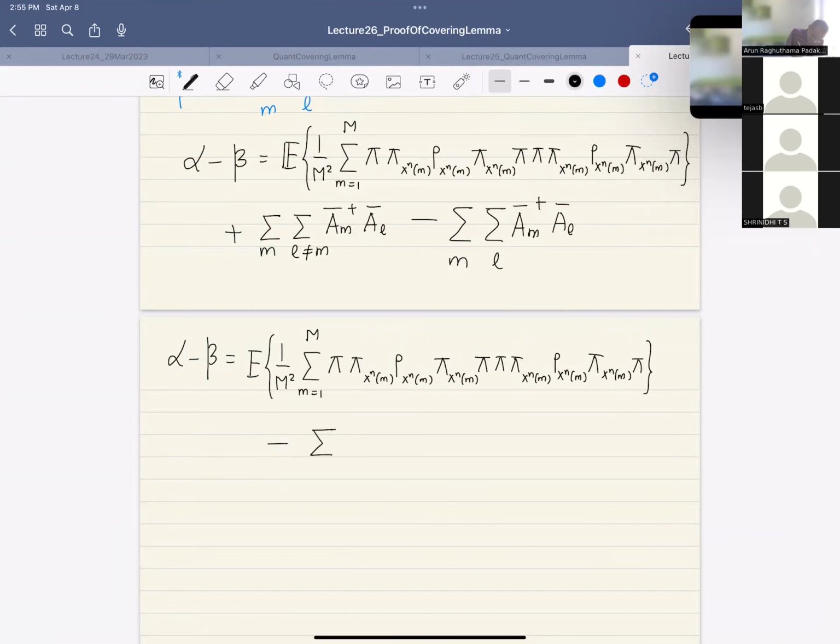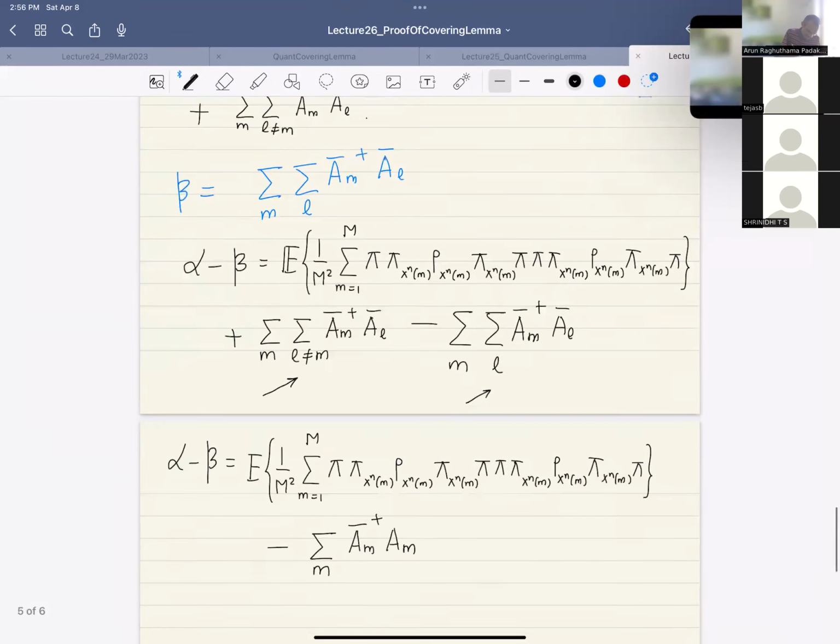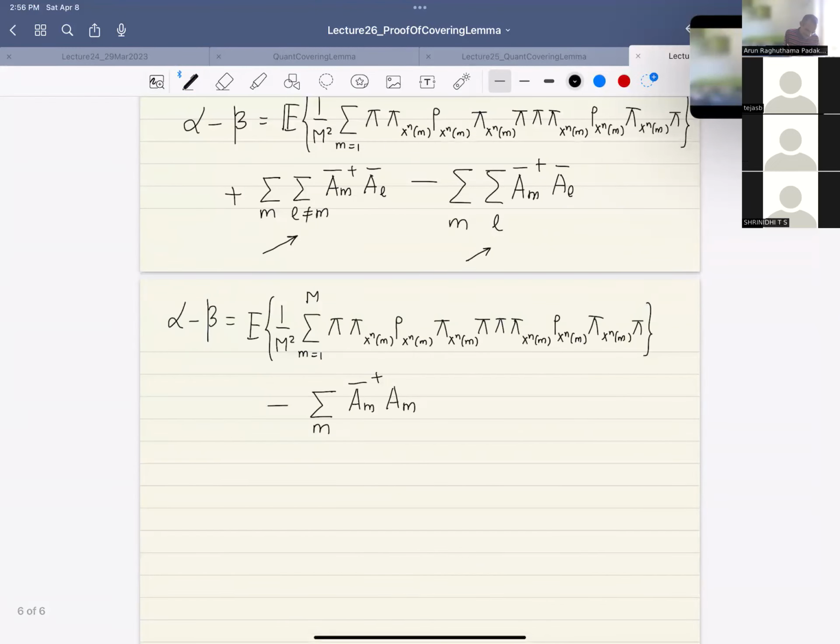When M bar dagger AM, because here you're adding on every term other than L equal to M, you're adding those terms also. So L not equal to M, it'll get cancelled, and only when L equal to M it will survive with a minus sign. So this is what it is.